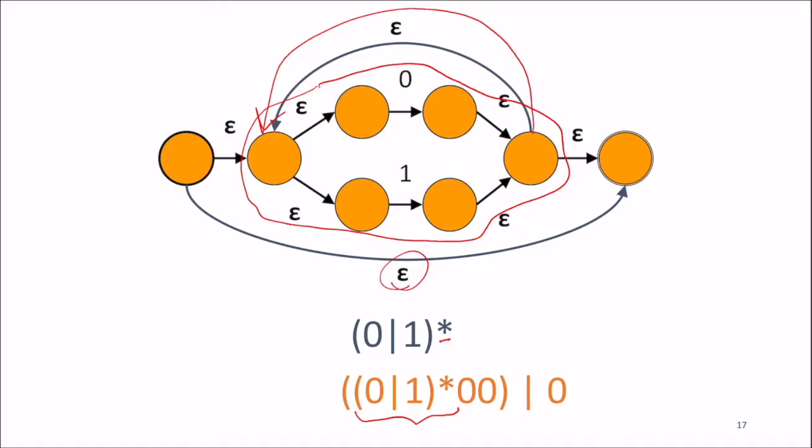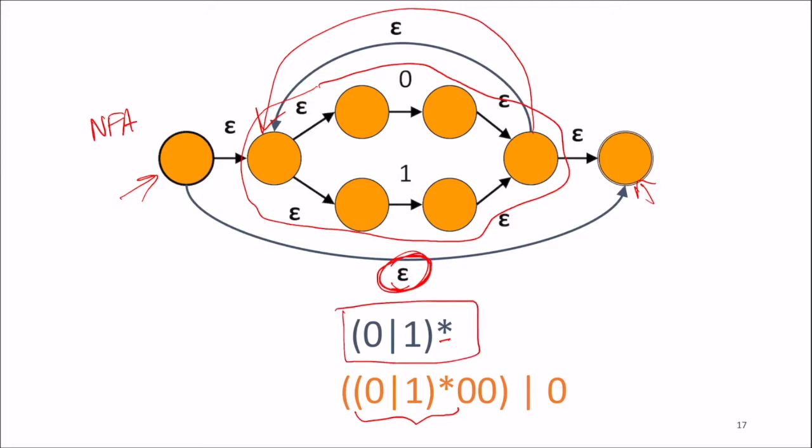And then there is a special start state and a final state, and a way to bypass that entire loop. If you want the empty string, you would take this transition over here. So this NFA now is equivalent to 0 or 1 star.